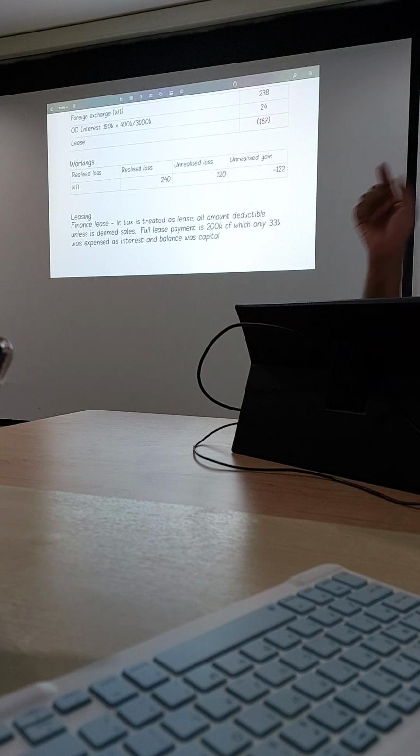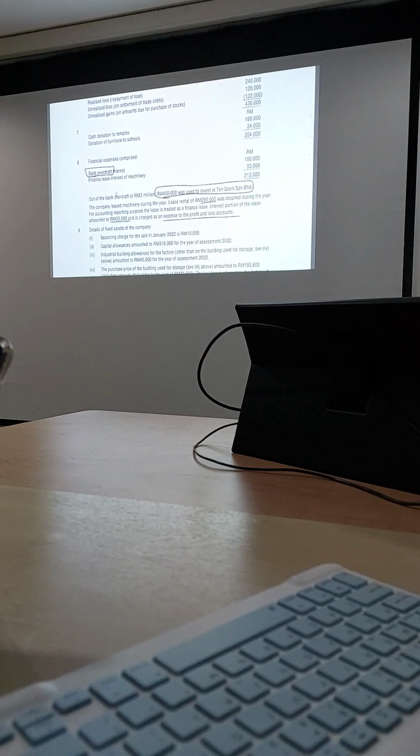For income tax, the whole thing is a deduction. The whole lease is a deduction. So 200k is a deduction. In this case, they already say the lease is 200k, so the whole 200k is deducted. They don't split. Make a note: lease payment. This is not the same as property lease under RPGT.